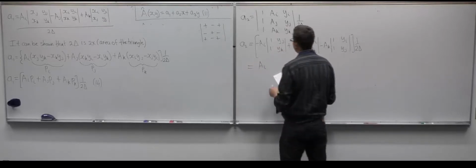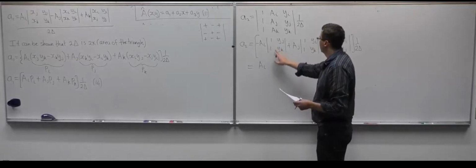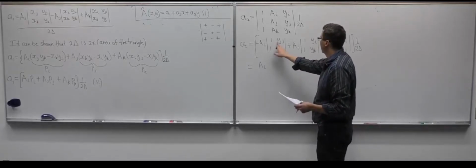Now we can keep going. These ones are easier because there's no x. It's going to be y_k minus y_j.